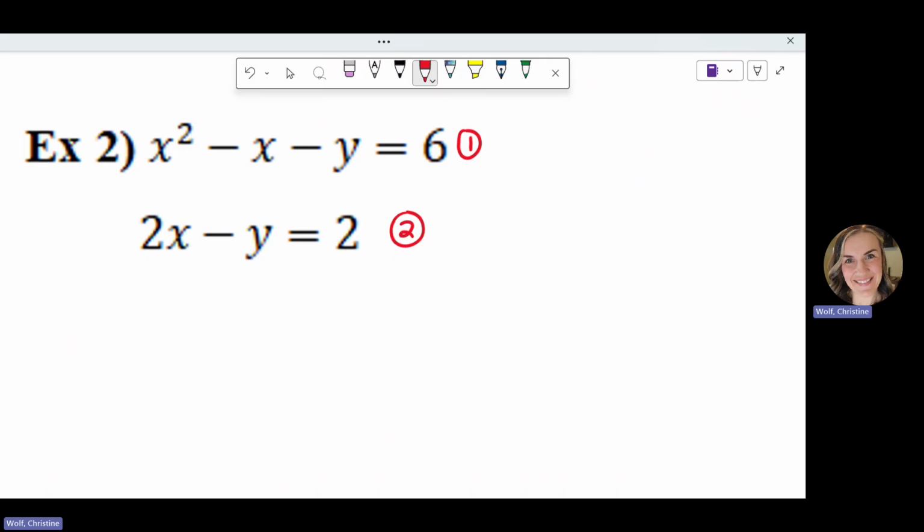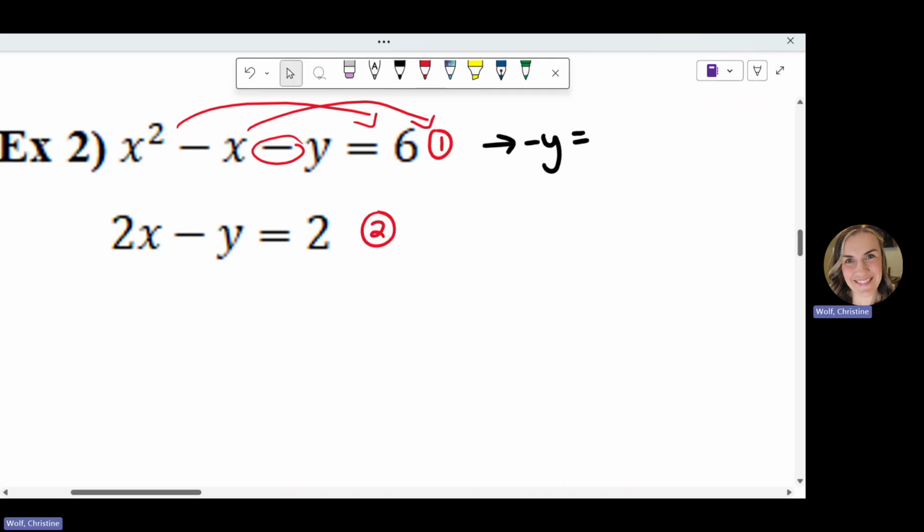If I am isolating y in equation number 1, I want to send over those two terms. And then I'm also going to want to divide off this negative in the end. So I have a little bit of work to do. I'm going to do the first step right here. I would have -y all by itself on the left.